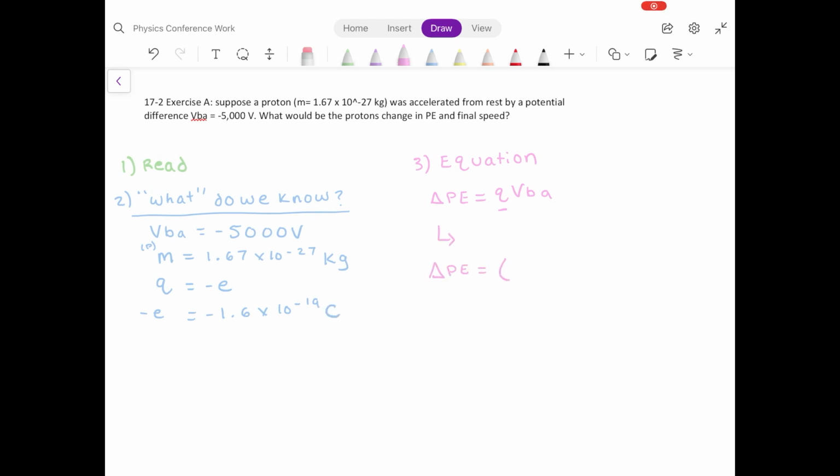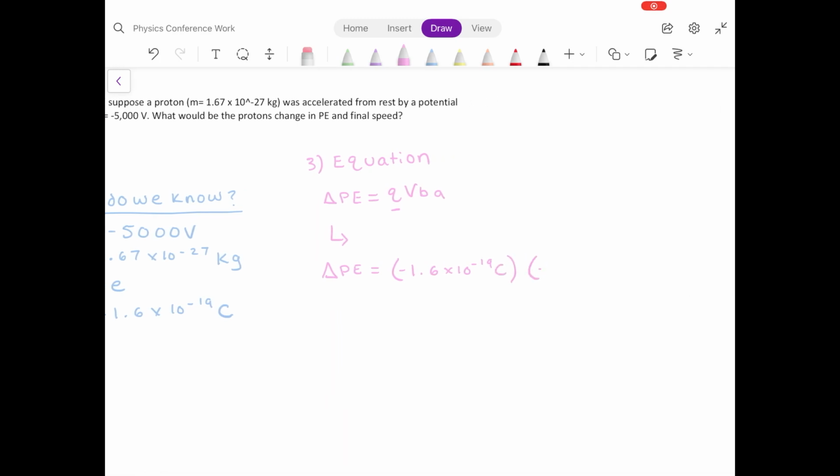We can now add these values into the equation, change in potential energy equals Q times V_BA. After plugging these numbers into my calculator, I am given an answer that tells me the change in potential energy is equal to negative 8 × 10^-16.